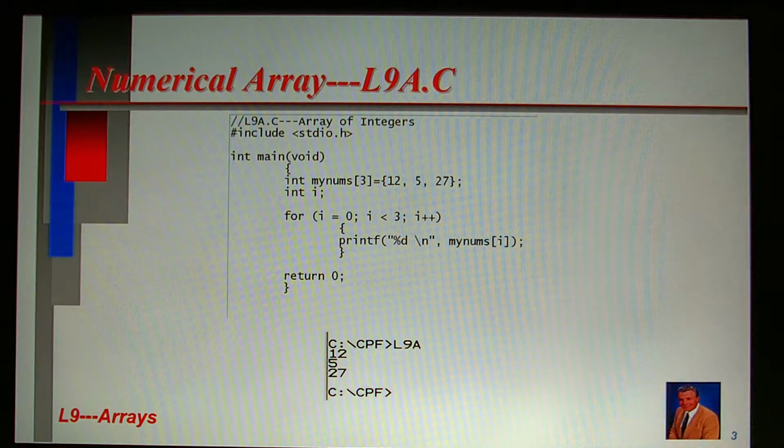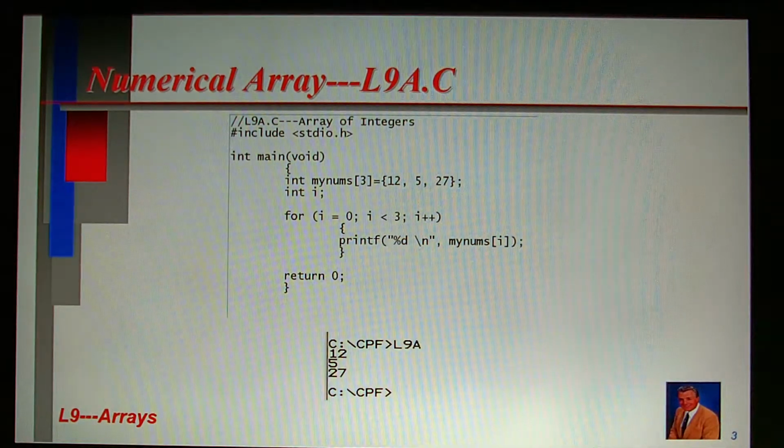The INT preceding the variable mynums declares the array mynums to contain integers. That is, each element of the array mynums is an integer, because all elements of an array must be of the same data type. In this case, all the elements are declared as integers. Next, the [3] part declares the array mynums as a one-dimensional array containing 3 elements.